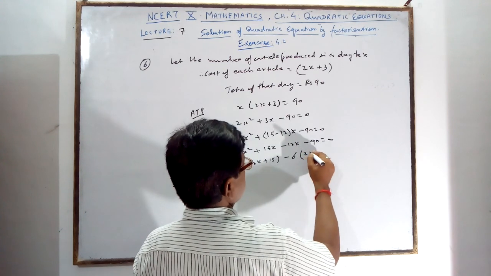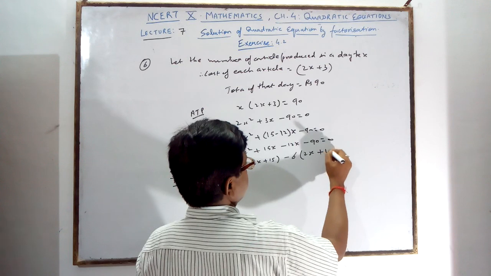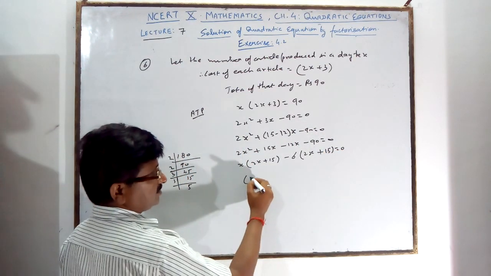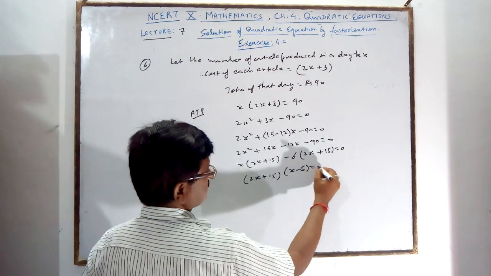So two brackets you are getting, 2x plus 15 and x minus 6.